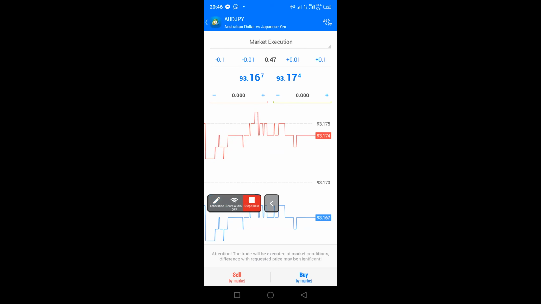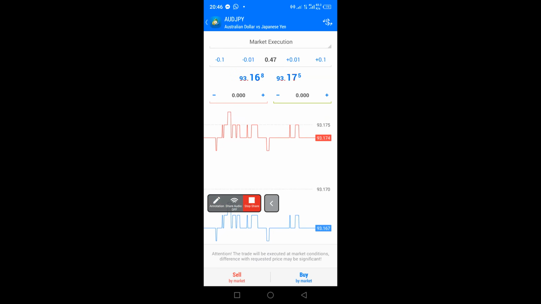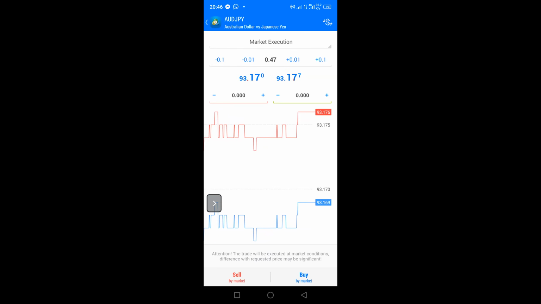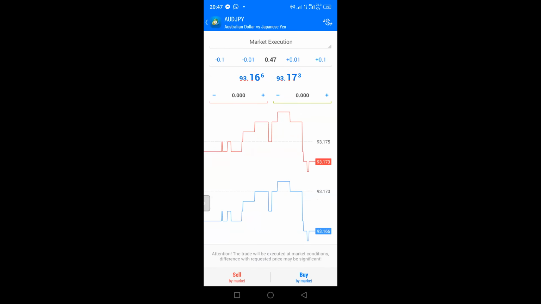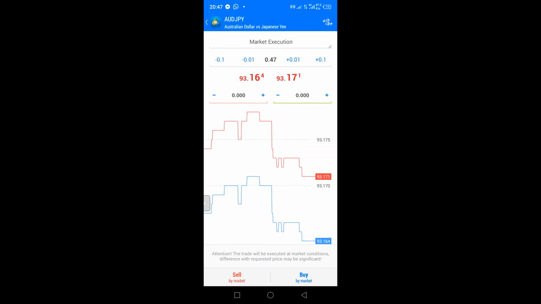So now you notice it's divided into five. We have the negative 0.1, negative 0.01, and those ones are in blue. Then at the middle there you have 0.47, and then you have plus 0.01 and plus 0.1. The one in black is the lot size you want to trade with.